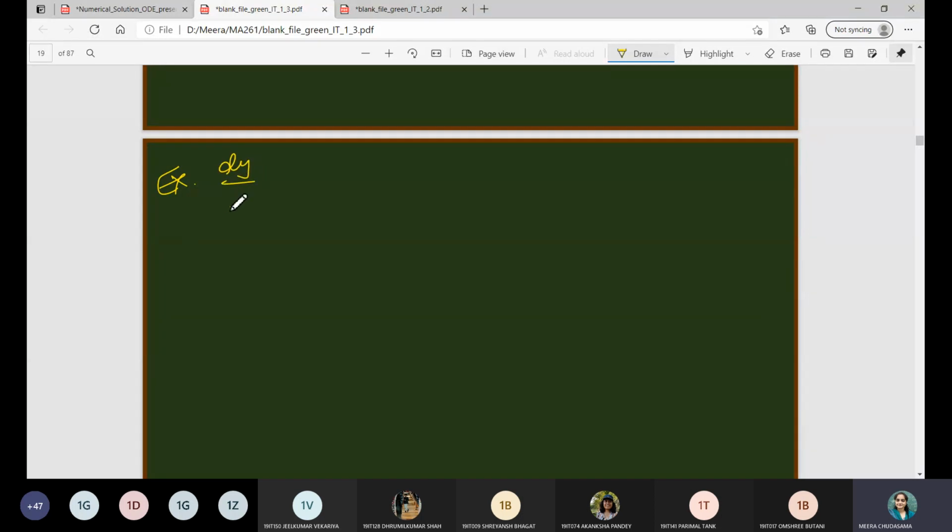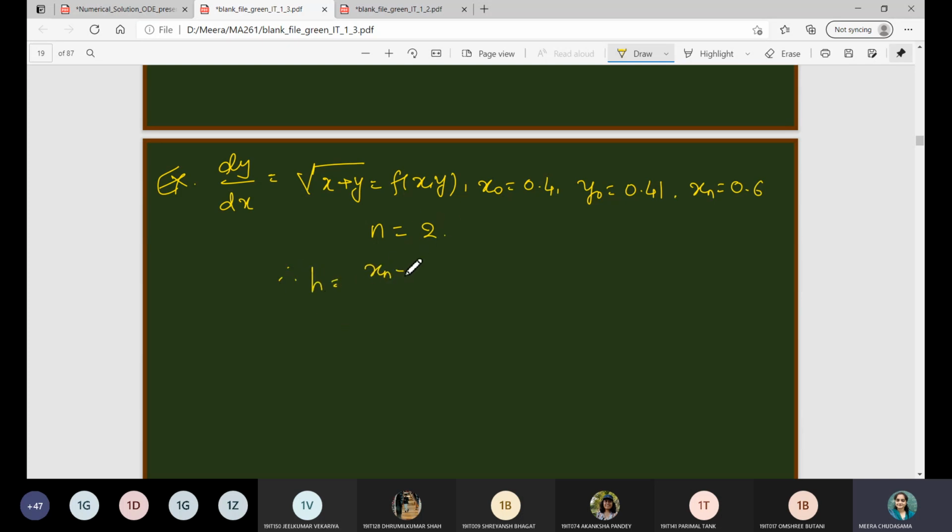Let me write the given quantities. We are given square root of x plus y, that is f of x, y. x0 we are given 0.4, y0 we are given 0.41, xn we are given 0.6, and we have to complete it in 2 steps, therefore n is 2. So h is equal to (xn minus x0) by n.